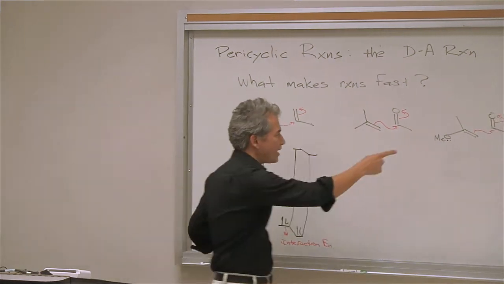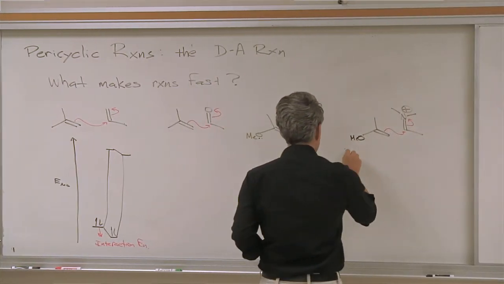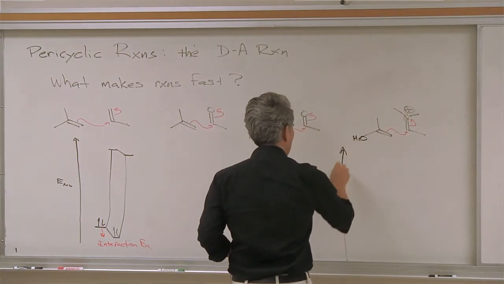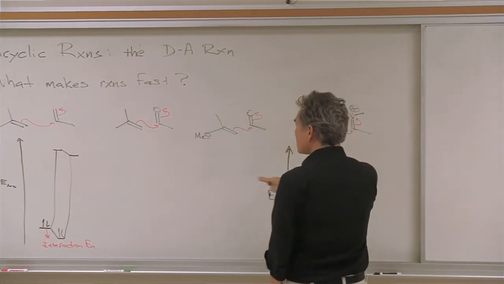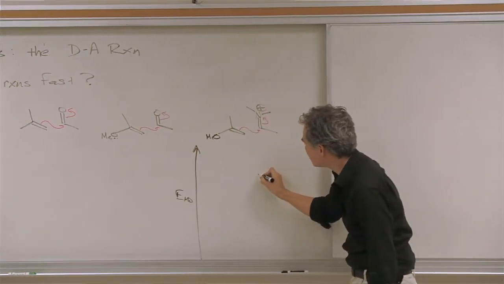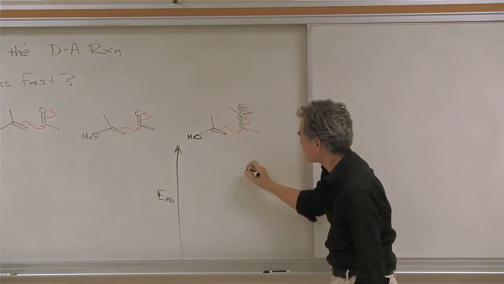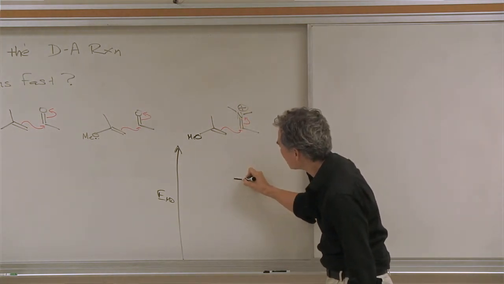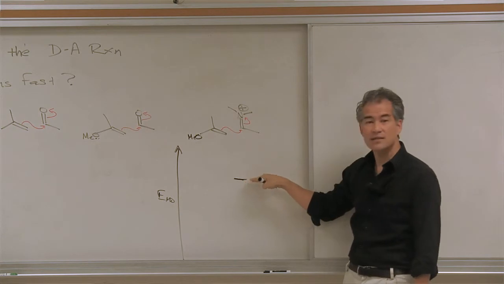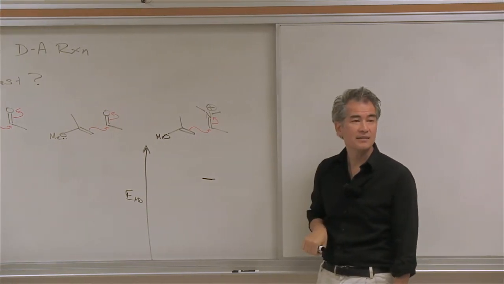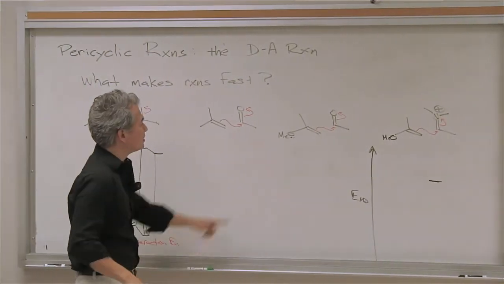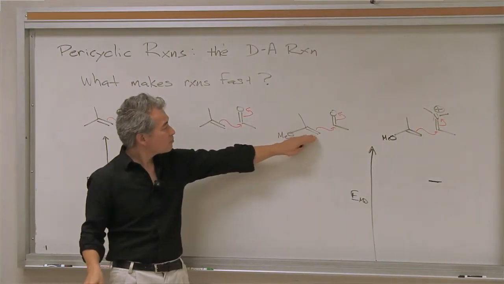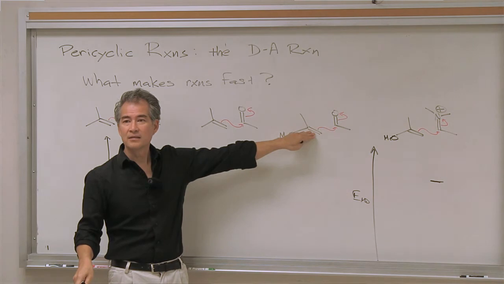So let me sketch a new diagram over here for what looks like a better reaction, a new MO energy interaction diagram. And I'll watch what happens as I drop the energy of this orbital here for this acceptor orbital so that it looks lower. It's lower in energy. It's easier to add electrons to that. Likewise, if I put a resonance donor on here like a methoxy group that has a lone pair, it's going to raise the energy of the HOMO.